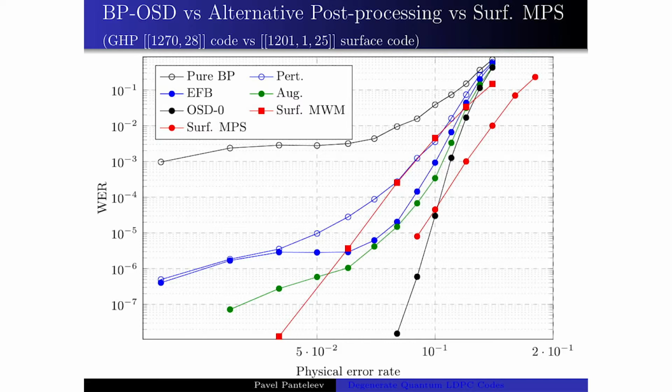The black curve is a QLDPC code, and you can see that even compared with one of the best known decoders for one of the best known codes, for some fixed number of physical qubits, we can still outperform it with the OSD decoder.